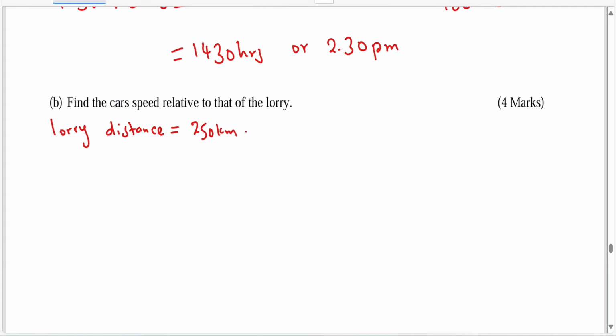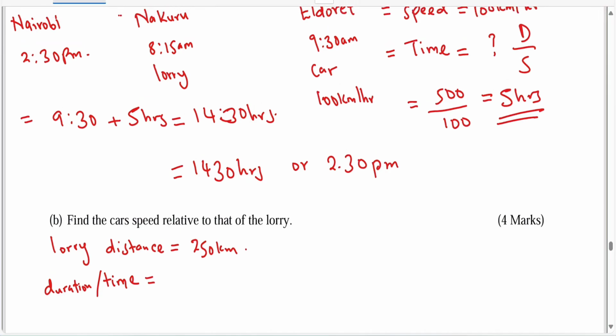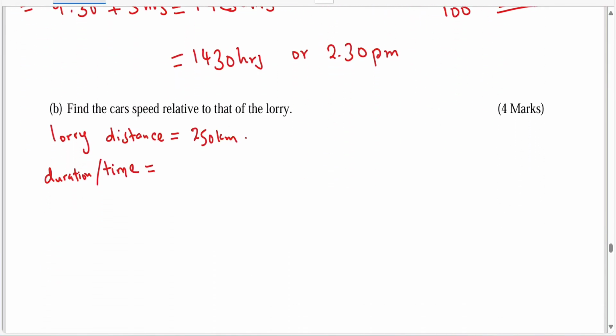Okay, so the distance is just 250 kilometers. You don't know the speed, but the time or duration is different. Remember, the lorry came out from Nakuru at 8:15. So from 8:15 to 2:30, that is 14:30 hours minus 8:15 hours.